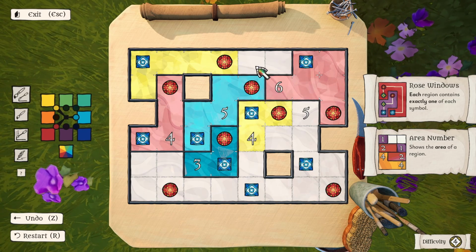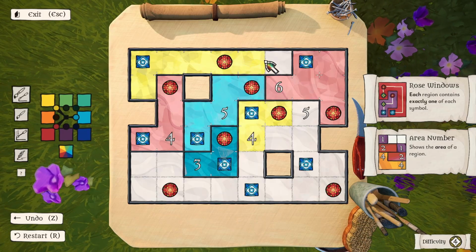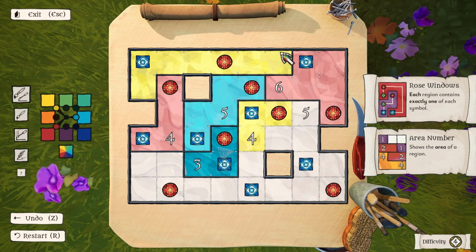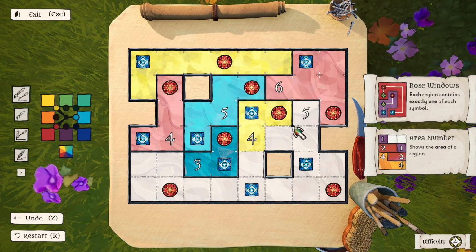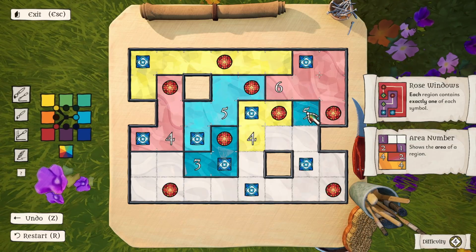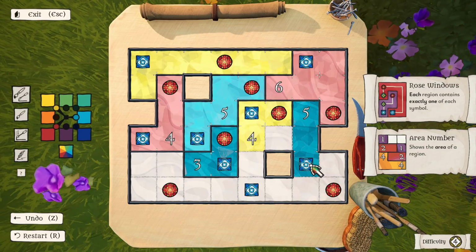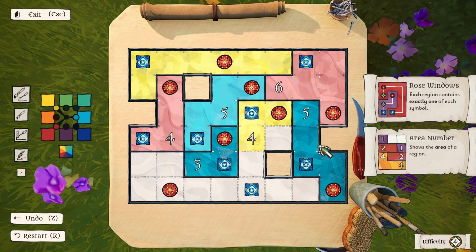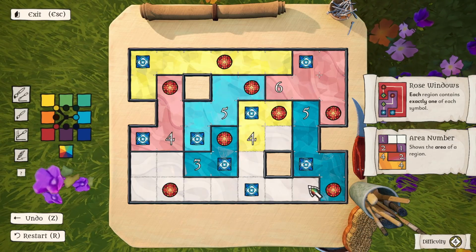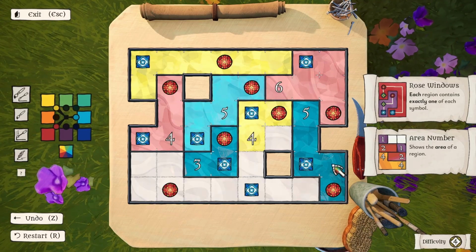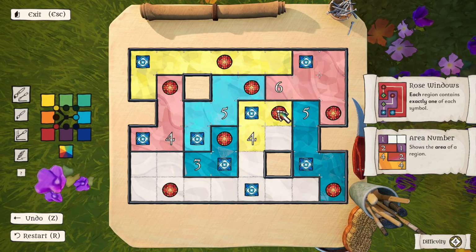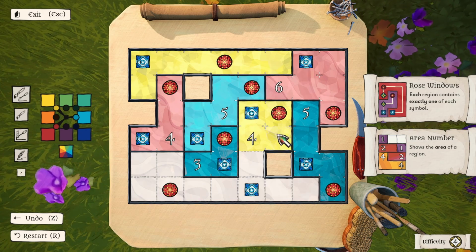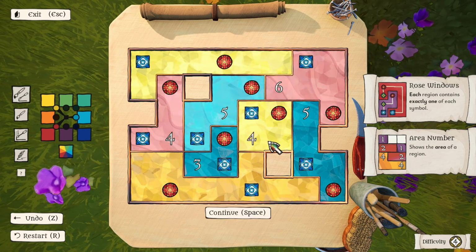So now these two cells are going to be part of this unnumbered region. The 5 here, 3, 4, 5, like that. And if that were to have taken this instead, that would be another isolated cell. This 4 can just be that, and there it is.